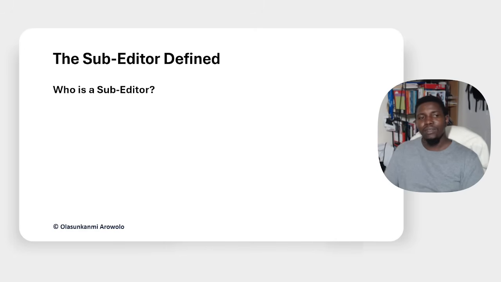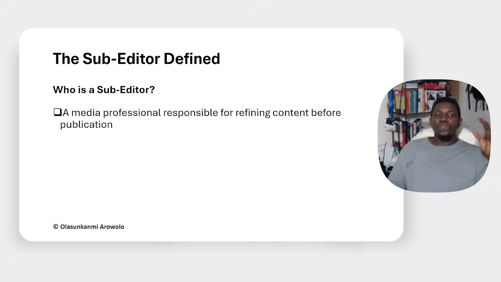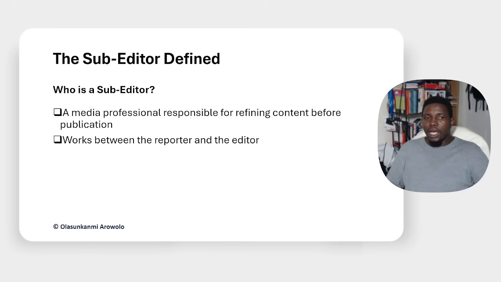All right, let's define who a sub editor is. A sub editor is a professional who is responsible for refining content before publication. Yeah, that's who they are. They work between the reporter and, of course, the editor, because they are like the linkage.